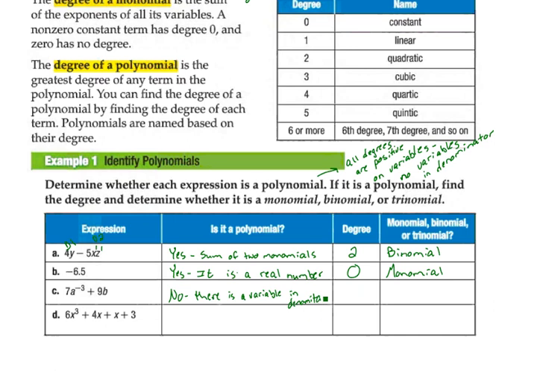Technically, denominator. Because if we rewrote this, remember, negative exponents mean that I would drop that to the denominator. And there's our problem right there, that a to the third. So there is no degree. We can't even call it a polynomial, so we don't have to do those two.